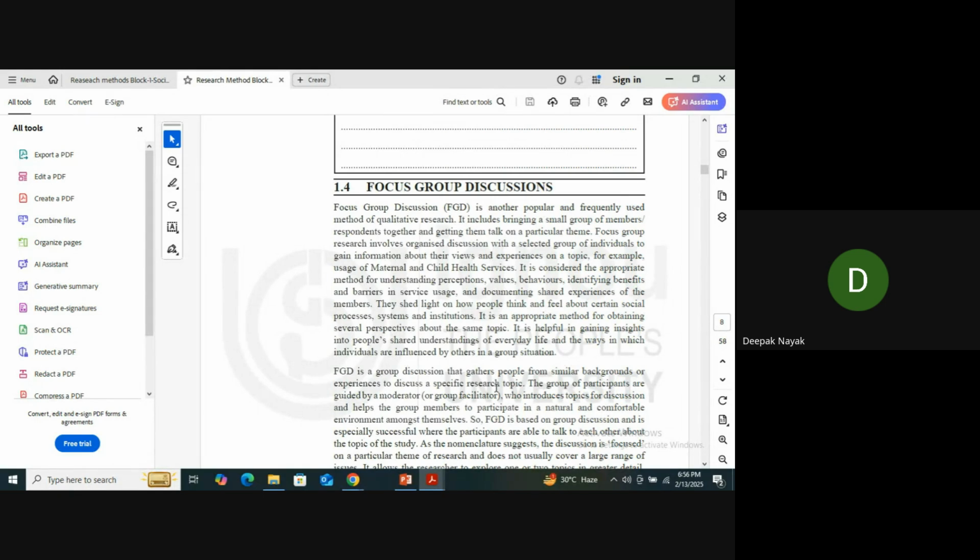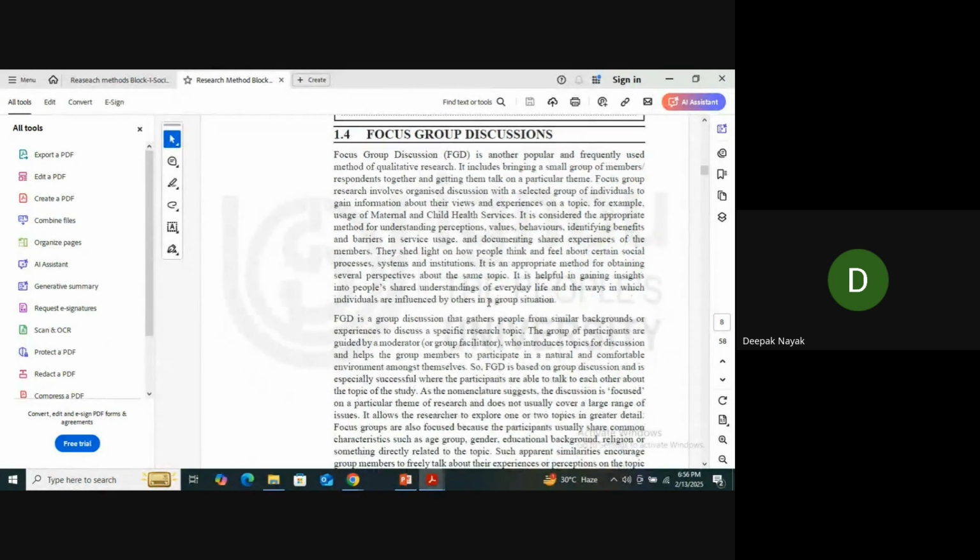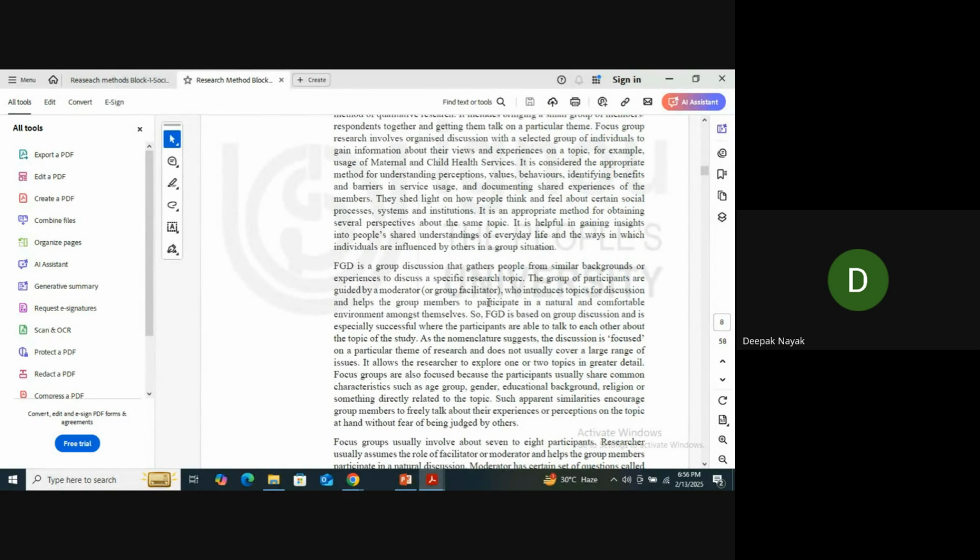In focus group discussion, we take a certain number of people, 12 to 15, in different groups using different criteria like education and socioeconomic status.